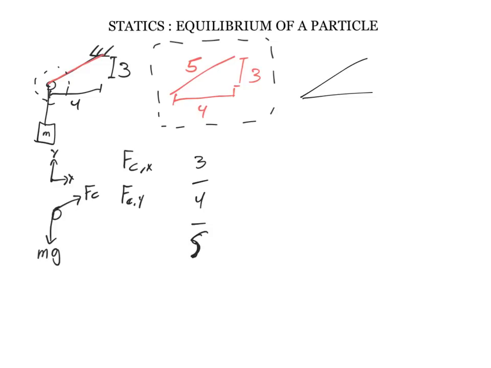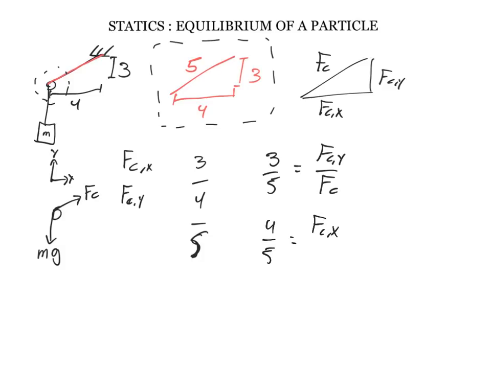So if we draw the same triangle with the forces, we have our cable force, the component in x direction and the component in y direction. So we can write that 3 over 5 is equal to our component in y direction over our cable force, and 4 over 5 is equal to the component in x direction over the cable force.